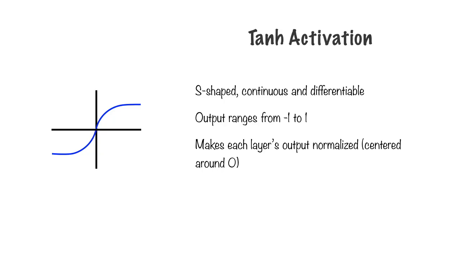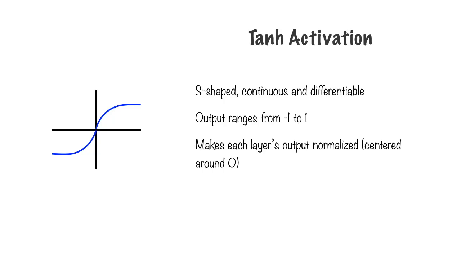The output of the tanh ranges from minus 1 to 1, which means it's centered around 0. So each layer's output is normalized around 0, which is a good thing for neural networks, as you'll see in a little bit. Having normalized output from layers of neurons greatly mitigates the problem of vanishing and exploding gradients that neural networks suffer from.